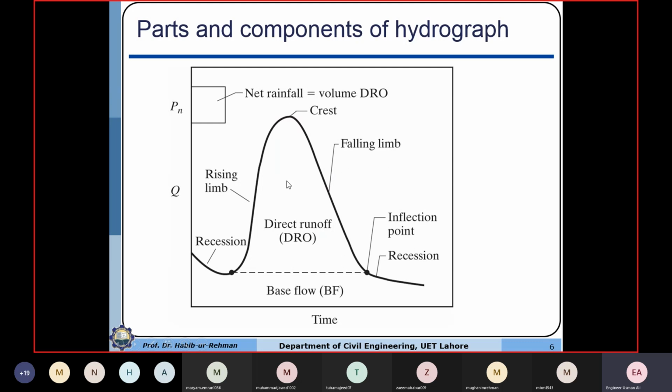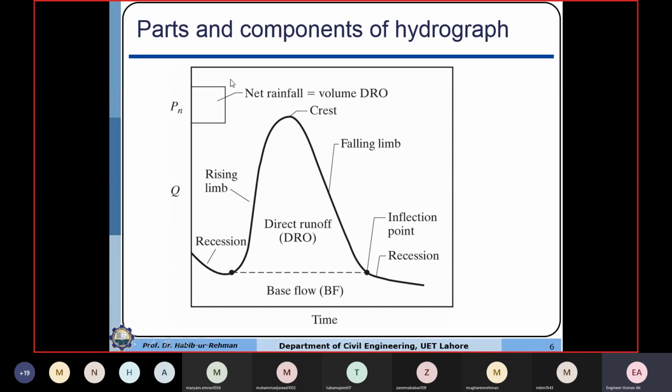So normally this peak is up to the time of concentration. If the rainfall duration is equal to the time of concentration or more than that, we normally achieve the true peak, the true response of the watershed, the full response of the watershed. But if the duration of rainfall is less than the time of concentration, we may achieve an earlier peak and the full response of the watershed is not achieved.